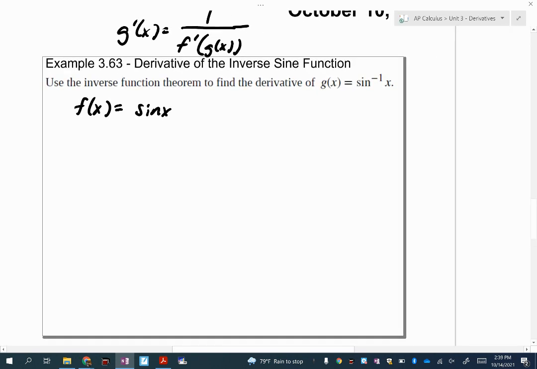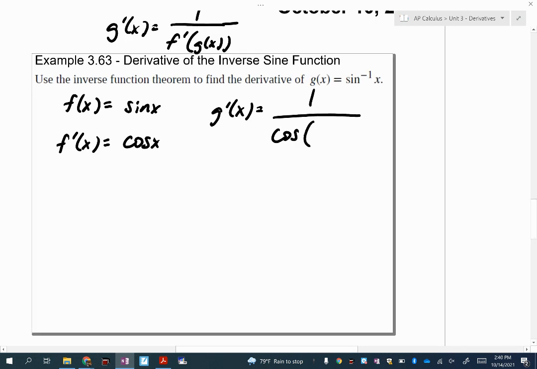Let's find the derivative of that. You guys know the derivative of sine of x is cosine of x. So to show my work for finding the derivative of g of x would be 1 over cosine of x. But I'm going to replace that x with my g of x, which is sine to the negative first power of x.